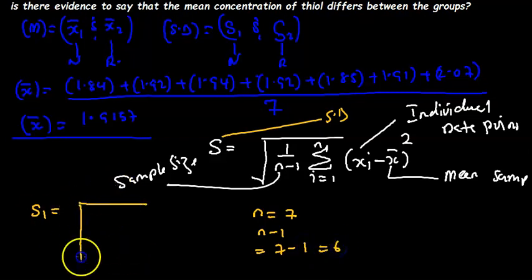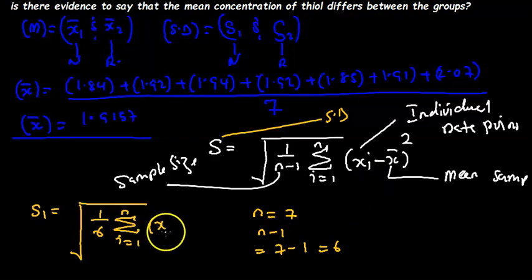In this case, we are going to have the square root of 1 divided by 6 times the summation of i equals to 1. Insert everything here, the individual data, xi minus x bar to the power of 2, square root everything. And your final answer, I promise you, is simply going to be 0.0743. And remember to put the unit, which is millimolar, at this point.